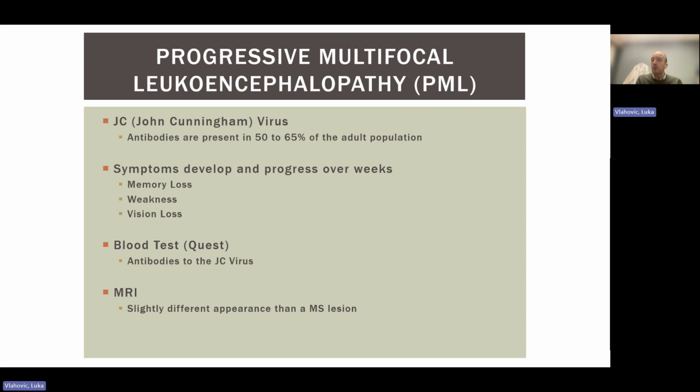So with careful monitoring of these antibodies, we can prescribe this medication much more safely. With other medications, this still can occur. The risk factors are less clear, but the risk is extremely small.